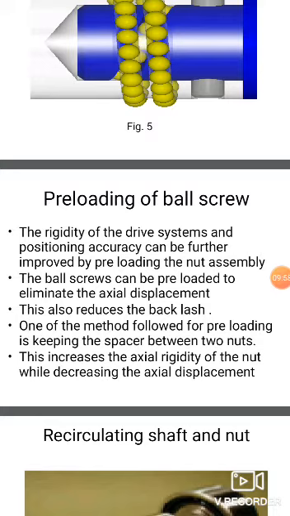So what is preloading a ball screw? It also increases the rigidity, reduces the backlash and ensures desirable wear characteristics. Wear characteristics mean different characteristics. A ball screw is a mechanical linear actuator that transfers rotational motion to linear motion with little friction.